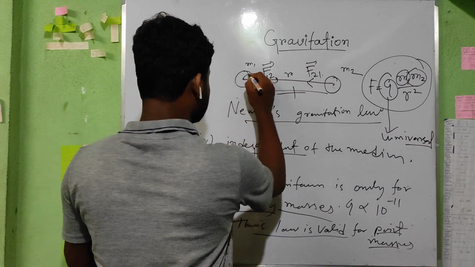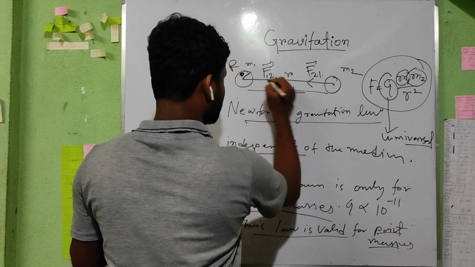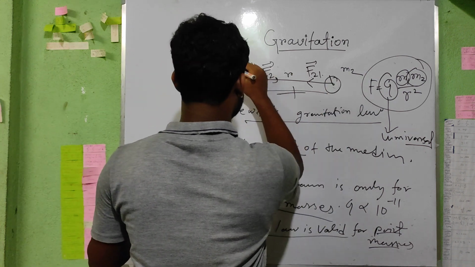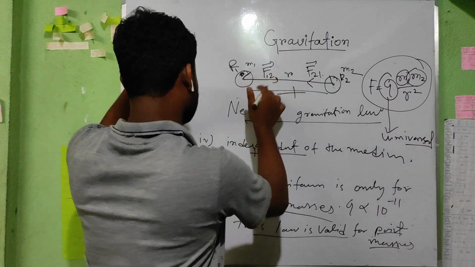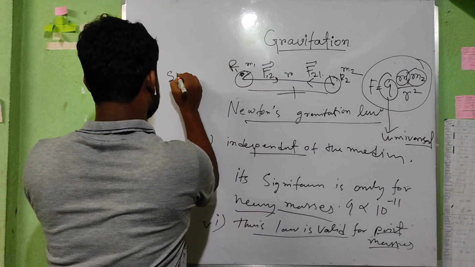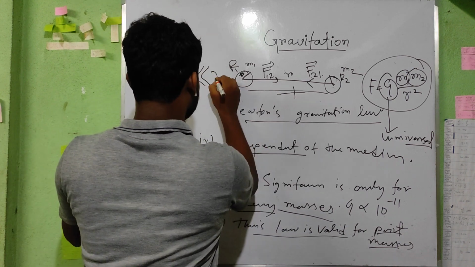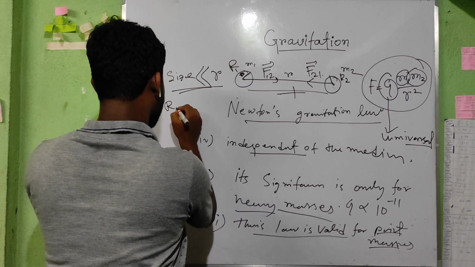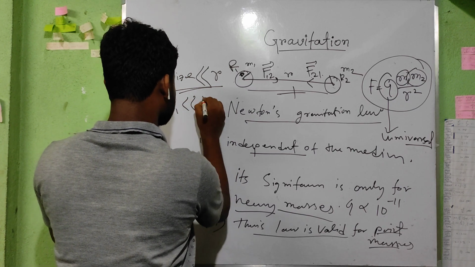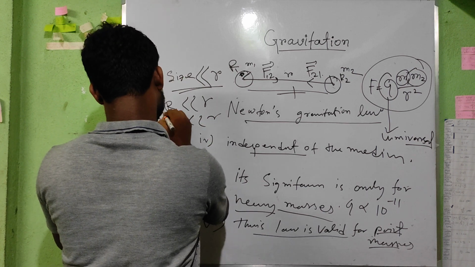Now if the radii, I can write them as capital R1 and capital R2, or the size, is much less than the joining line between them, R, so R1 is much less than R and R2 is much less than R. Both have to be satisfied.